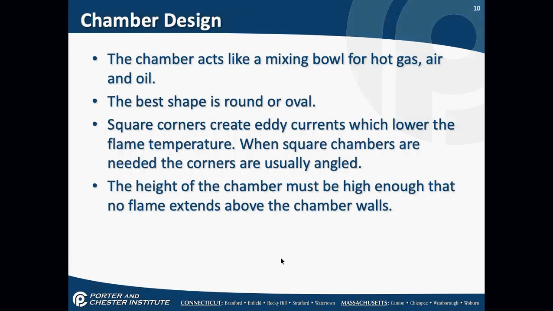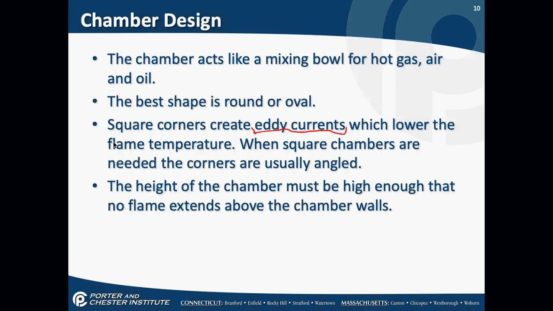So the whole purpose of a combustion chamber is that the chamber acts like a mixing bowl for the hot gas, air, and oil. The best shape is round or oval. Square corners create what we call eddy currents. This is something you need to know. Square corners create eddy currents, which lower the flame temperature.